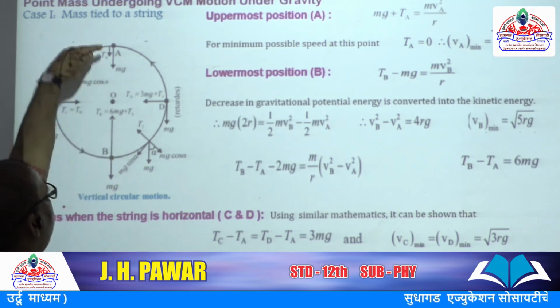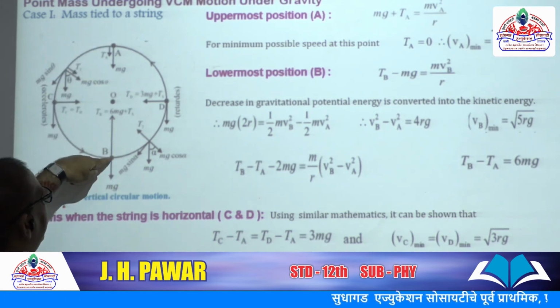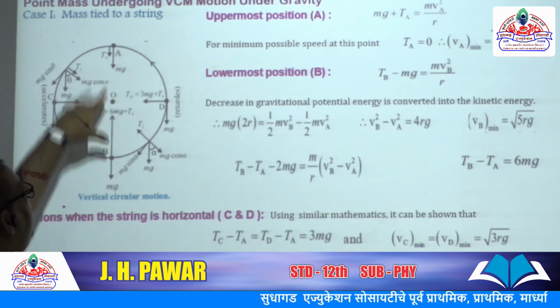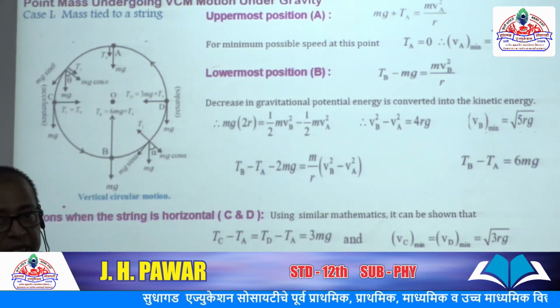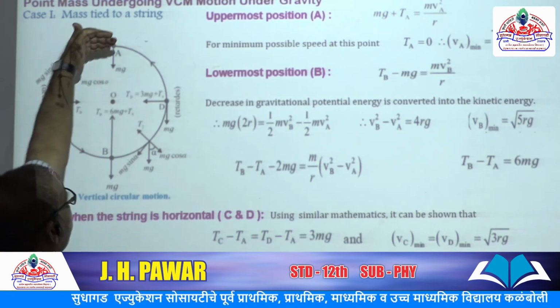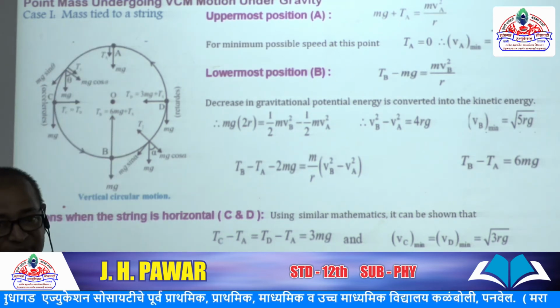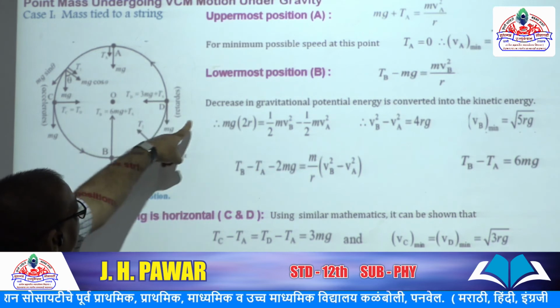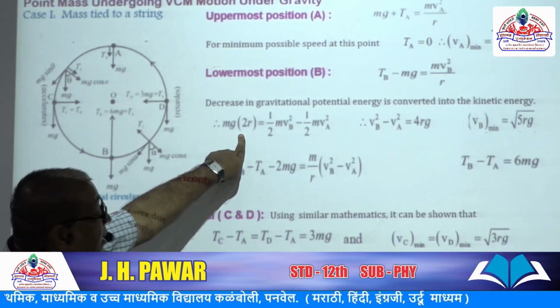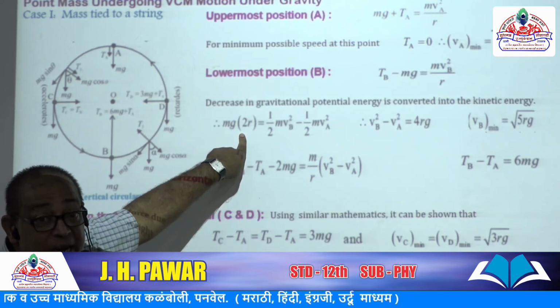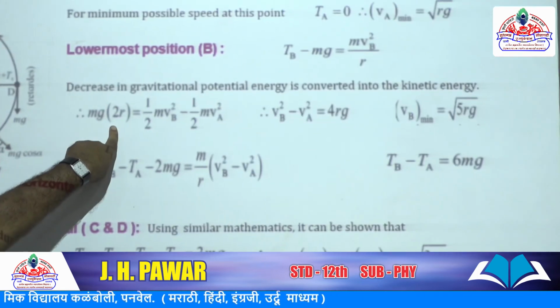Look here, it goes from A to B. Here r is the radius, r plus r means 2r is the diameter. Means up to the height of the diameter it falls down. And thereafter the decrease in potential energy, or change in potential energy, is mg2r.